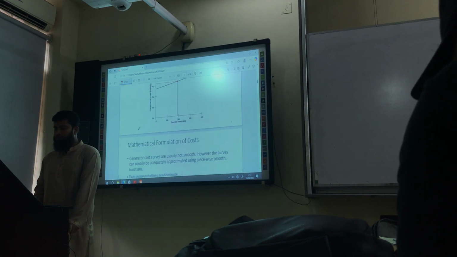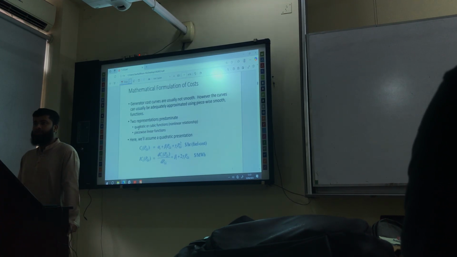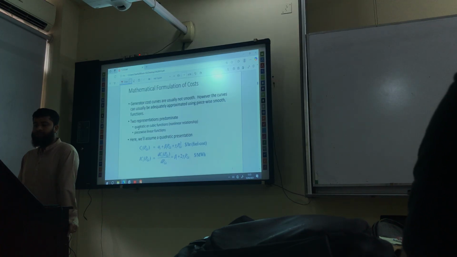Now we need to formulate the cost curve mathematically. It is said that generator cost curves are usually not smooth. However, the curves can usually be adequately approximated using piecewise smooth functions.